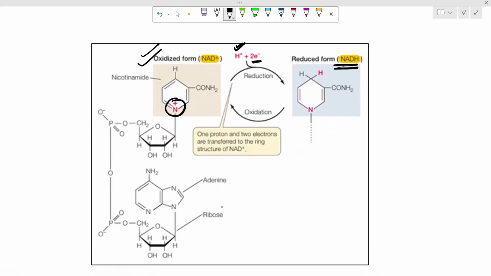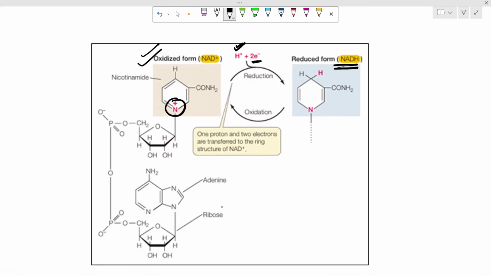This reduced form, NADH, carries the high energy electrons to complex 1 in the ETS, which is present on the inner membrane of mitochondria. And when these electrons are moving on the electron transport system, because of the energy difference from one carrier to another carrier, the difference in the energy is used to pump protons into the intermembrane space to create a proton gradient, so that ATP synthesis can be done to make ATP.